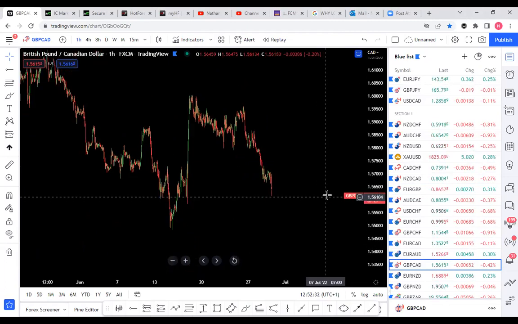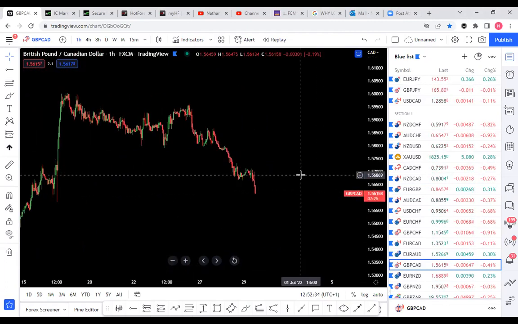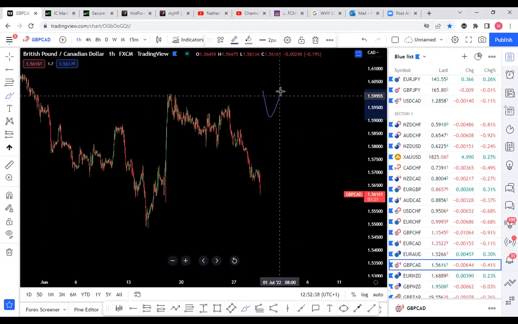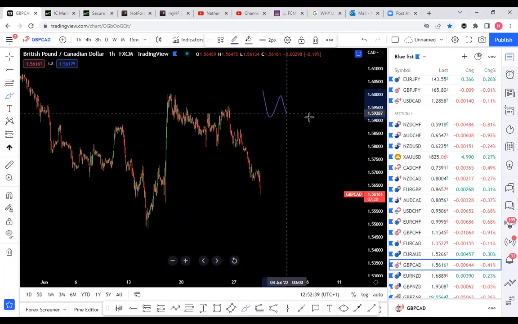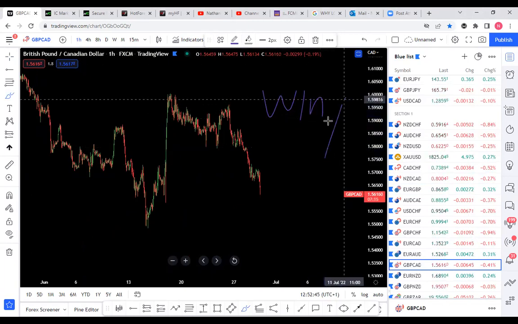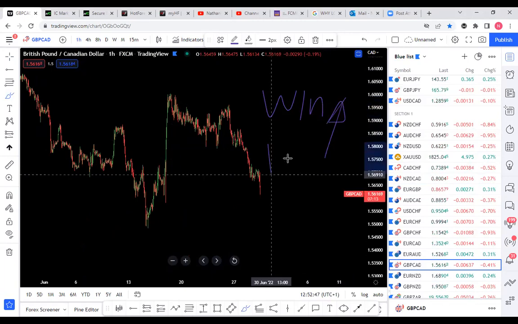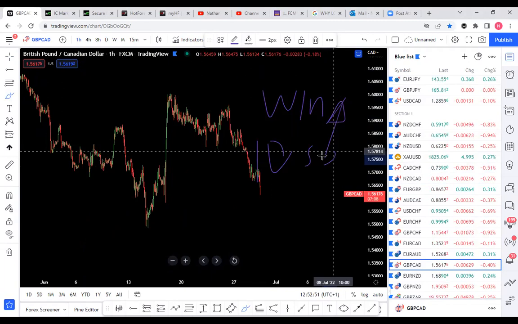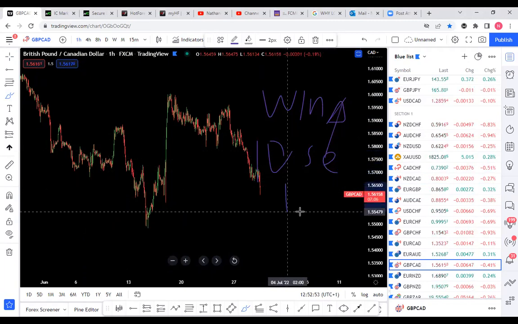They don't learn from the mistake. If you are taking a trade, guys, and you win the trade, what happened to your account? Your account will increase. Is that not? If you lose the trade, guys, your account will drop and then you learn from it.